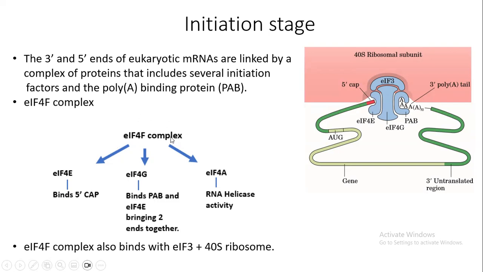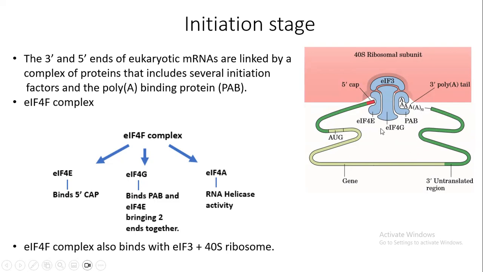So the eukaryotic initiation factor 4F complex is made up of three different proteins: eukaryotic initiation factor 4E, eukaryotic initiation factor 4G, and 4A. So the 5 prime end is bound first by eukaryotic initiation factor 4E, and the 3 prime end, or the 3 prime poly A tail, is bound by the poly A tail binding protein, also known as the PAP protein.